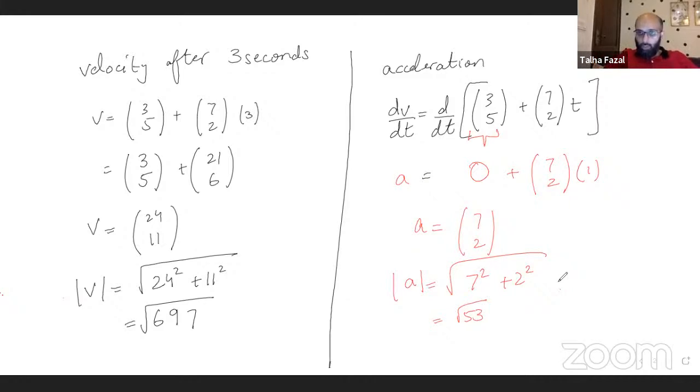Right? Anyone else with any other topic that you would want me to go through? Apart from this velocity vectors, anything that you need clarification on?